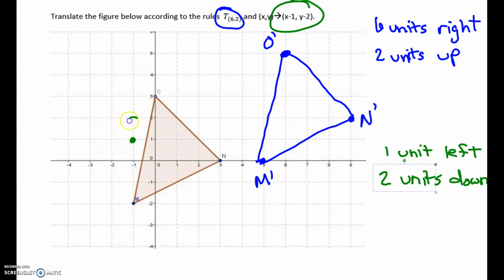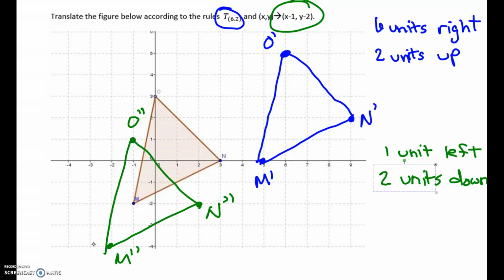Right here, I'm going to call him O double prime, since that's my second translation, and I don't want to get it confused with this first guy. N, we're going to go 1 left, 2 down, right here. N double prime. And then M, we're going to go 1, did I do that? Yeah, 1 unit to the left, 2 down, right here. M double prime. So we connect.